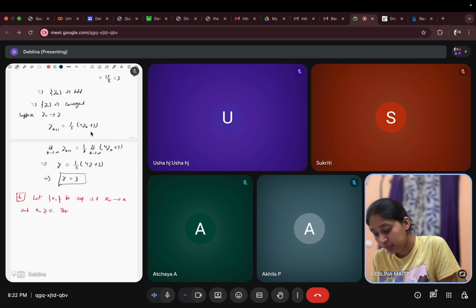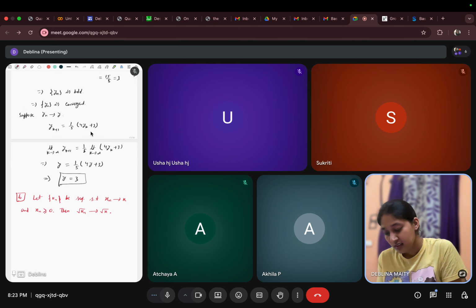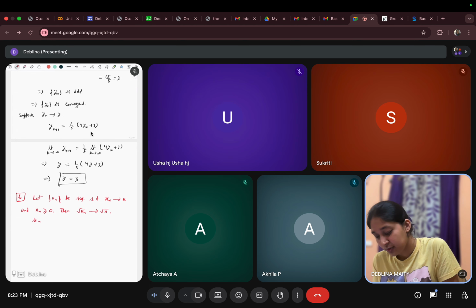Then we have to prove that root over xn converges to root x. That means the limit of root over xn is root x. We have to prove that.